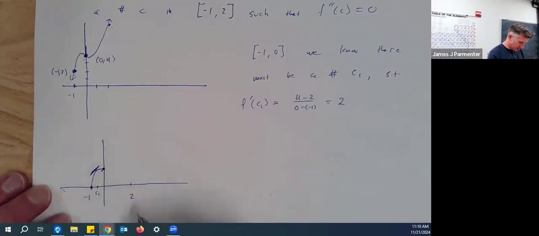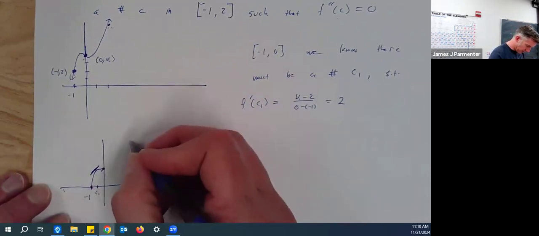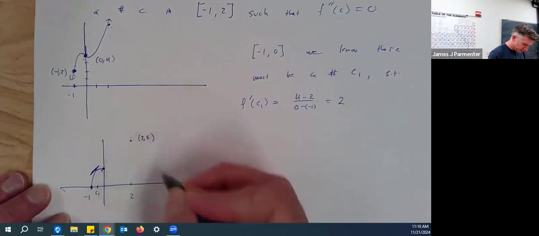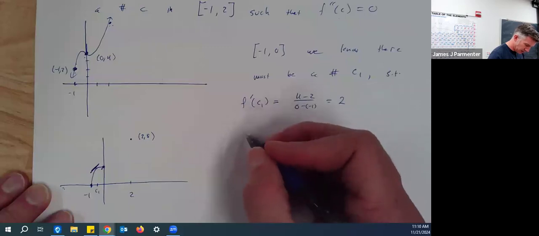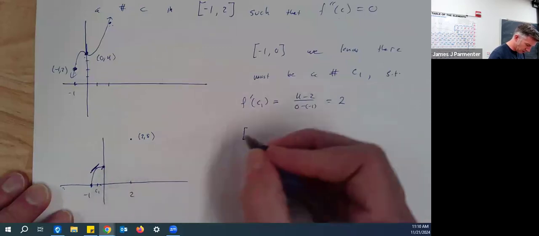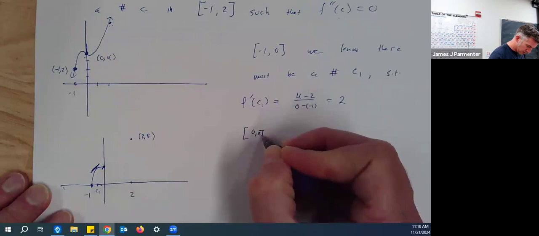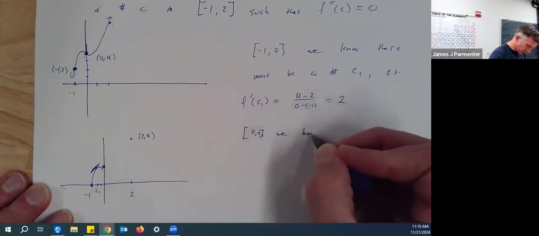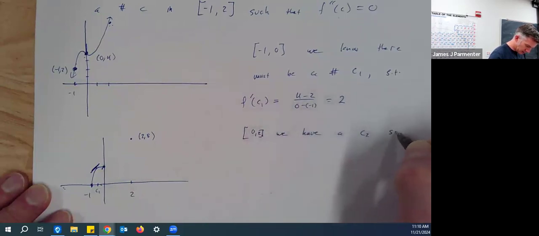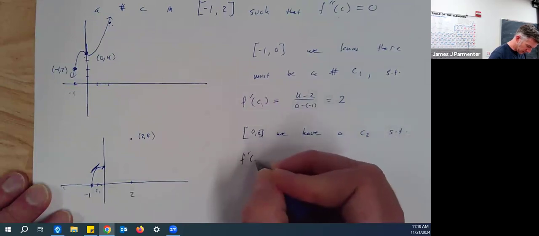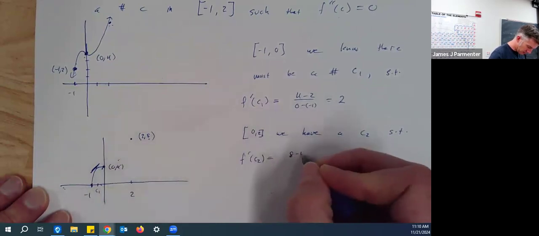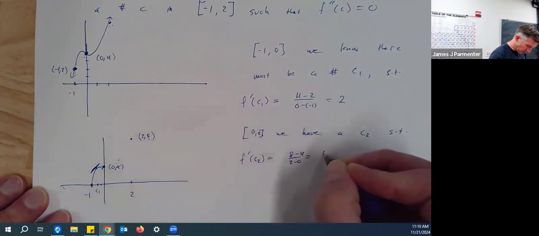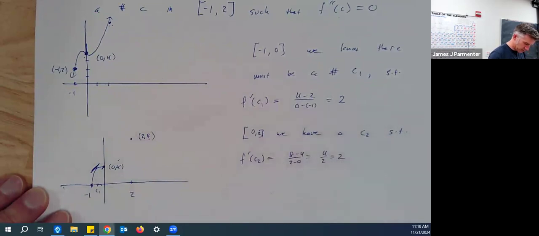Let's do the same thing between this point and this point. There's also got to be, in the interval from 0 to 2, a C2 such that f prime of C2 is equal to 8 minus 4 over 2 minus 0, which is 4 over 2, which is also 2.